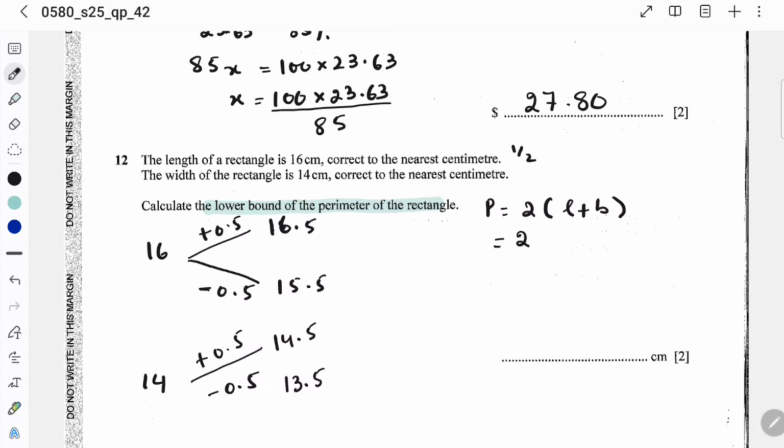So 2 times 15.5 plus 13.5. So 15 and 13 is 28, and 1 will become 29. Okay.